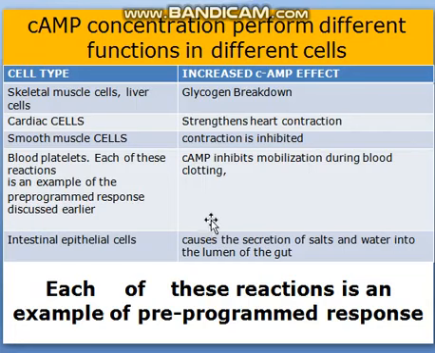So the lesson learned from this slide is that the cyclic AMP concentration within the cell has different functions in different cells. Okay, most of the time these reactions are pre-programmed. Nature has already decided that cyclic AMP in cardiac cells, in the skeletal muscles, in the liver cells will perform this particular function. That's it.